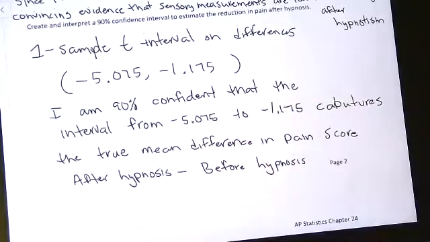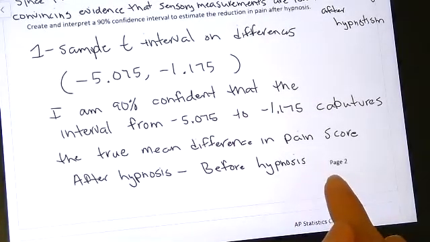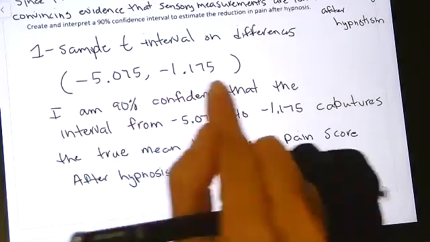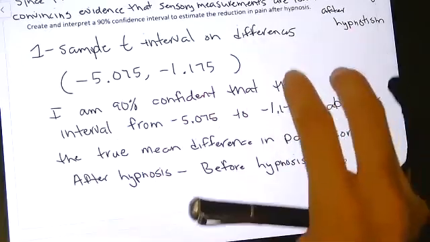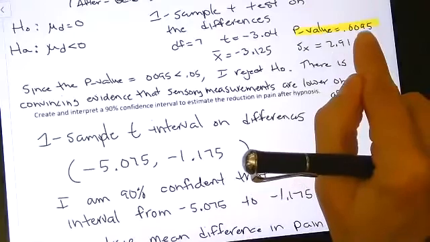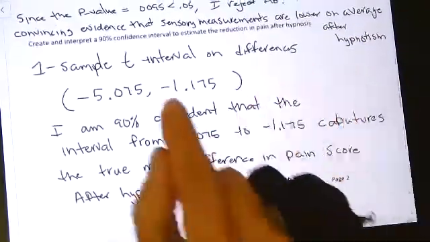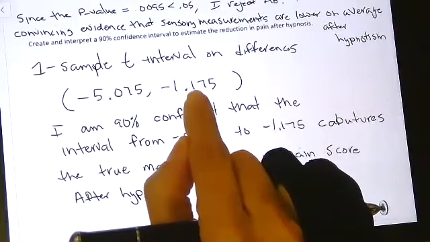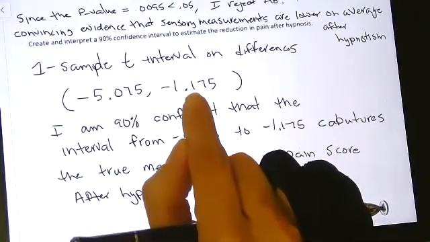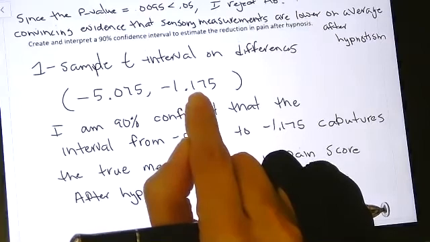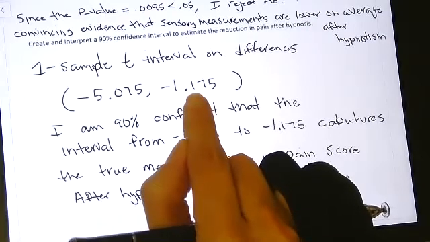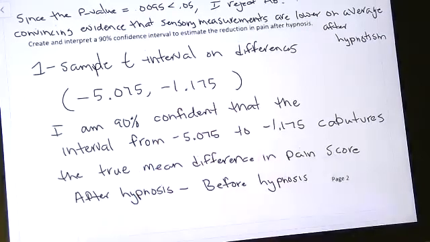Yeah, so since it's all negative, there's evidence, or we are confident that there is a reduction in pain score. However, even though it's significant, and it's very significant, I mean, this is a very, very low p-value, it is possible that the reduction is not practically significant, which means, is it worth spending money on hypnosis treatments if we might only end up with a 1-point reduction?